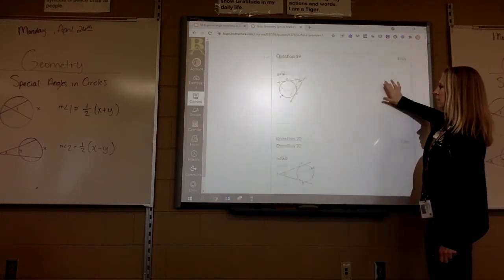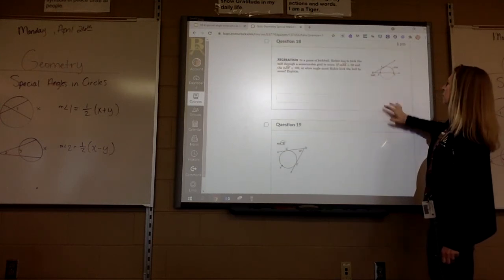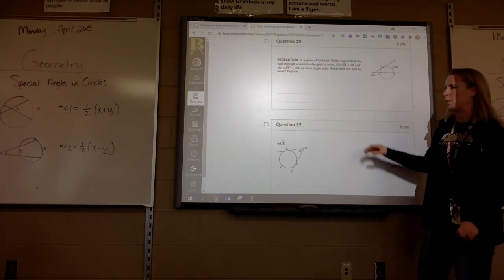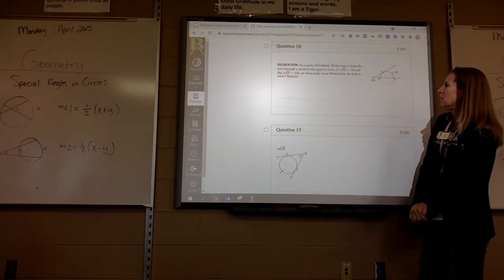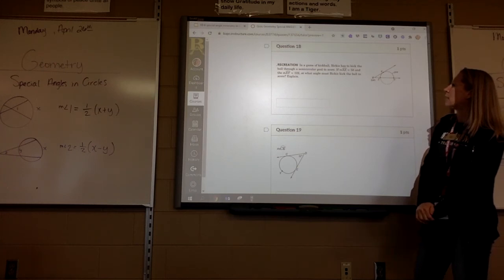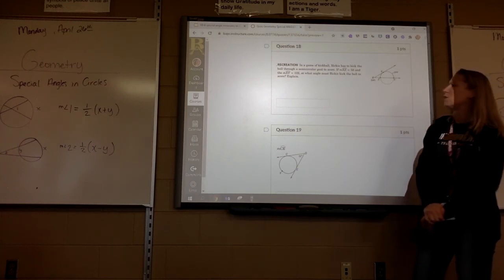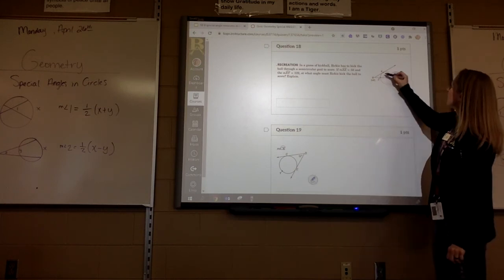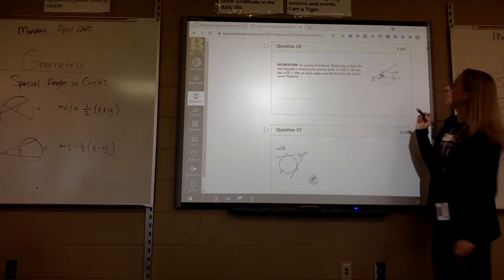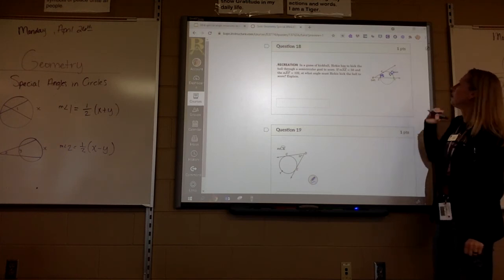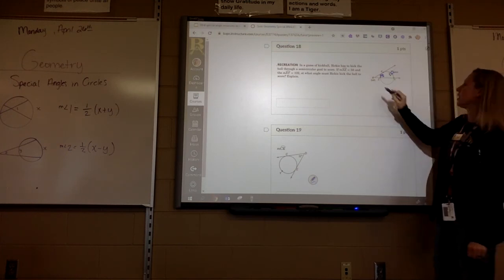All right, I should probably do the word problem, huh? Nobody likes word problems. So in a game of kickball, Ricky has to kick the ball through a semicircle goal to score. If XZ is 58, and XY is 122, find the angle he has to kick the ball.